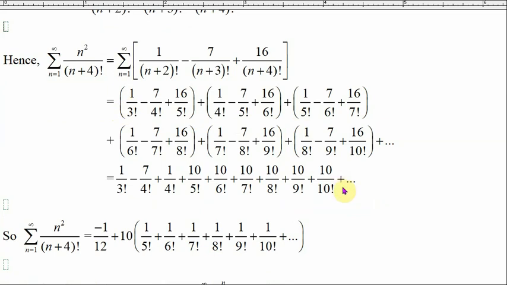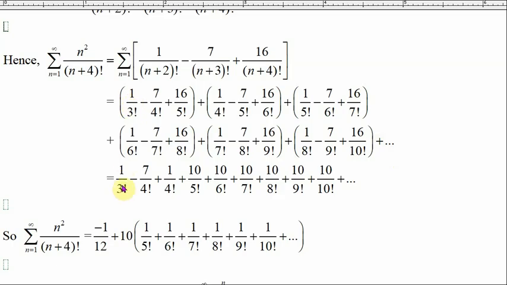And here are the first terms. When n is 1, we get 3 factorial here, and then 4 factorial here, and 5 factorial here. When n is 2, then we get 4 factorial, 5 factorial, 6 factorial, and so on.